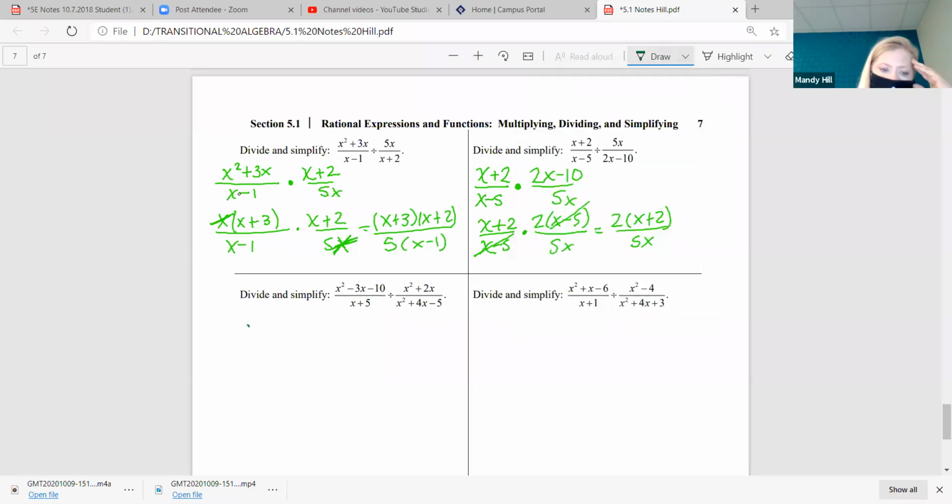Okay. So we have x squared minus 3x minus 10 over x plus 5. Change the division to multiplication. Flip the second fraction.